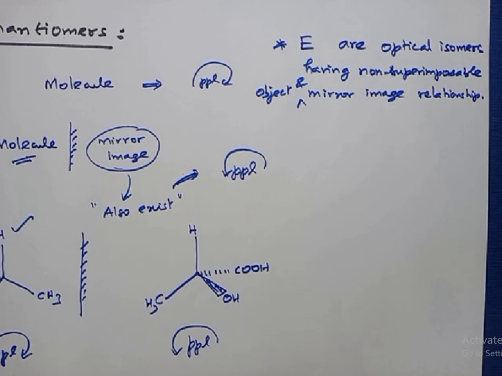Suppose I give you two compounds and ask you to identify whether they are enantiomers or not. What do we have to do? Simple. First of all, check whether the two compounds are isomers or not. Then see the structure of the compound and the IUPAC name.